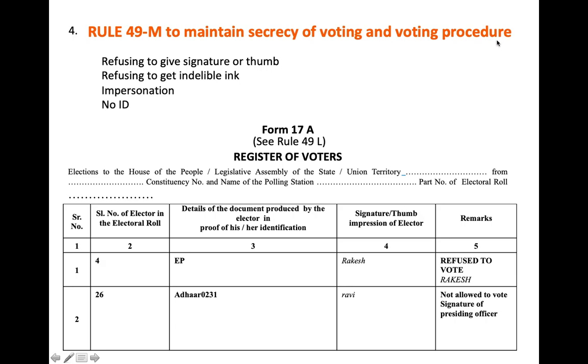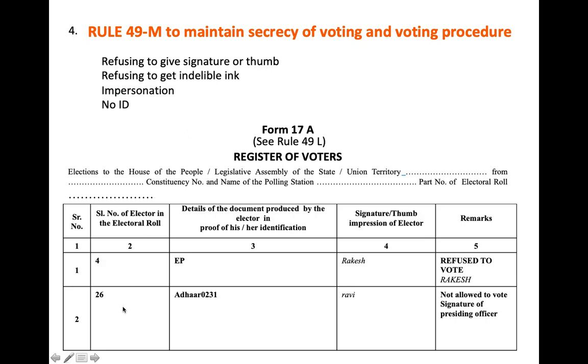So if there is any voter who refuses to follow any of the steps of the voting procedure, that person will not be allowed to vote by the presiding officer. In point 3, we enter those who don't want to vote. But in point 4, you will enter those whom the presiding officer did not allow to vote.